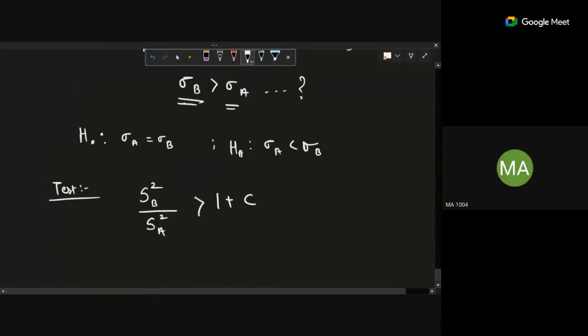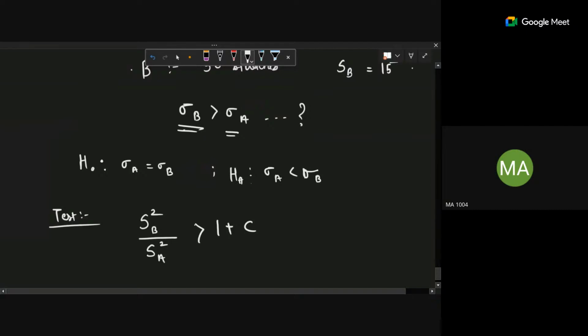In the question, they have asked to check whether the variability in marks of class B is greater than that of the marks of A. That's why I took the variance of B is greater than variance of A. The question was not about whether the variance of marks of session A and session B was the same or not.